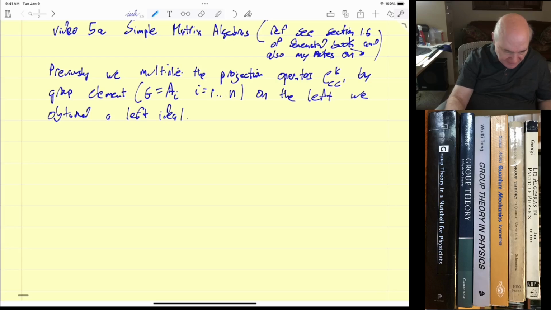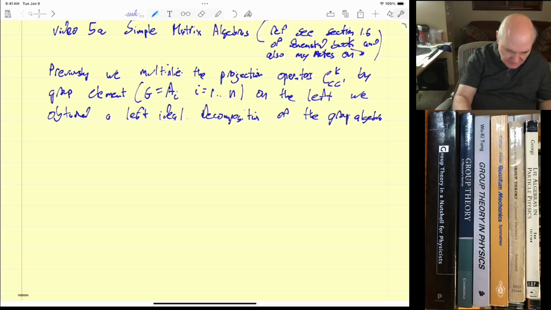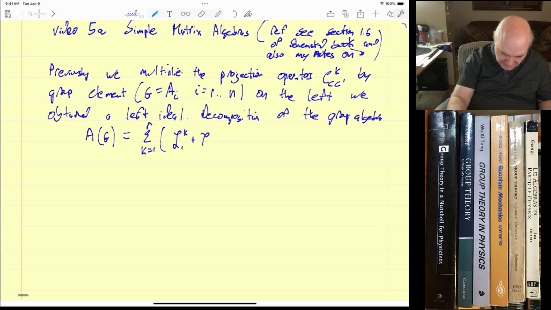And we had a decomposition of the group algebra. The group algebra is A of G. This A has nothing to do with the group elements A_i, other than it means the group algebra. And we wrote it as the sum from k equal 1 to r of L1k plus L2k plus dot dot dot L lambda k.